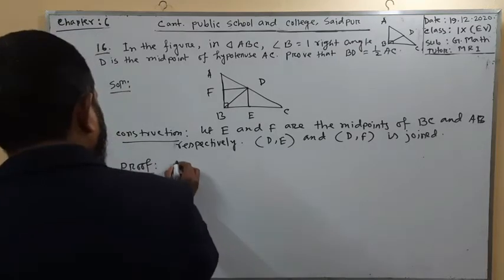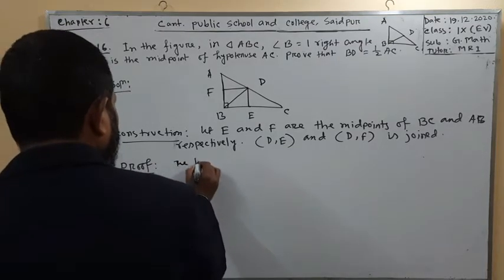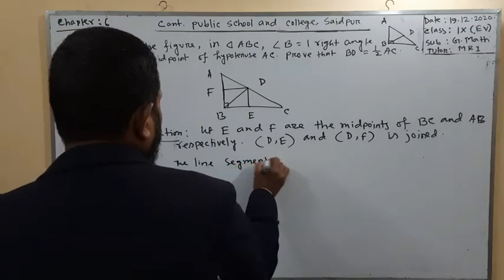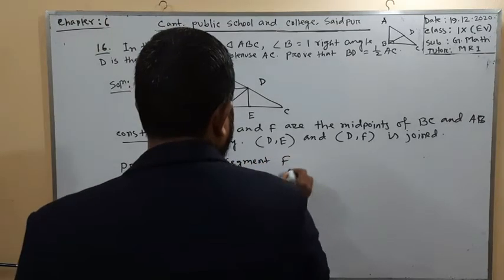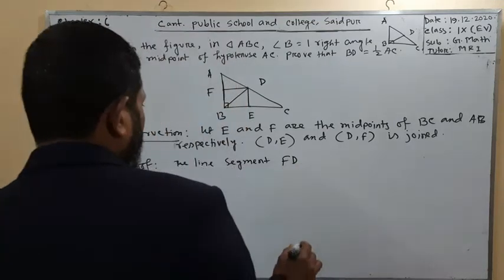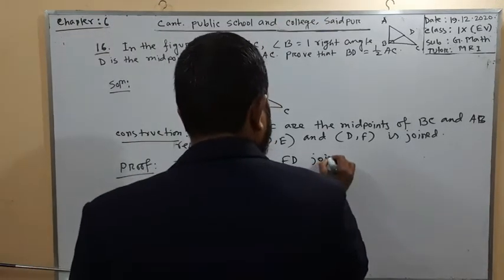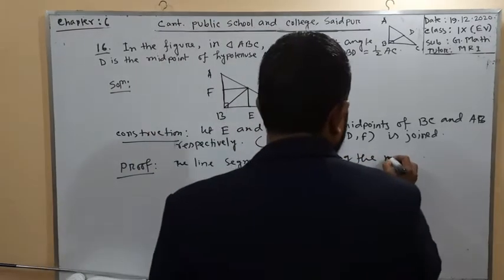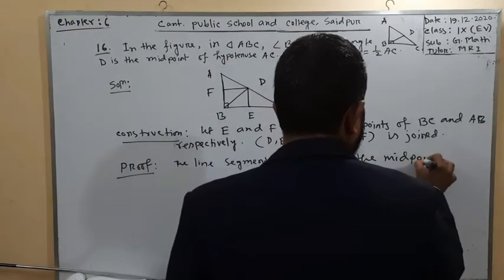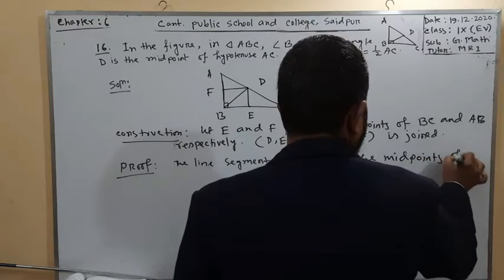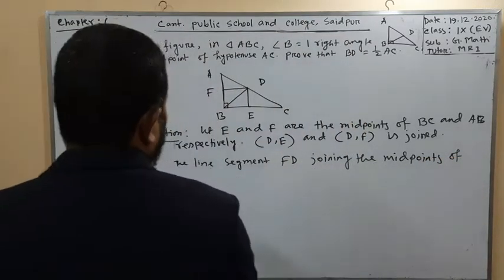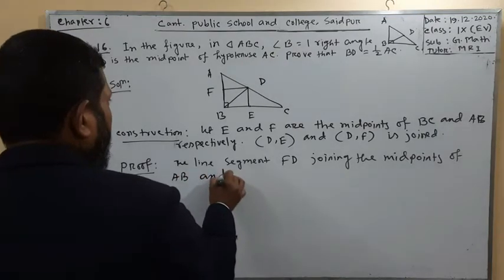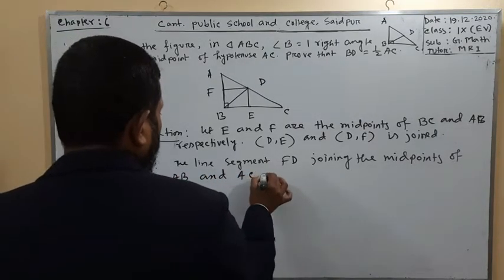The line segment FD joins the midpoints of AB and AC.